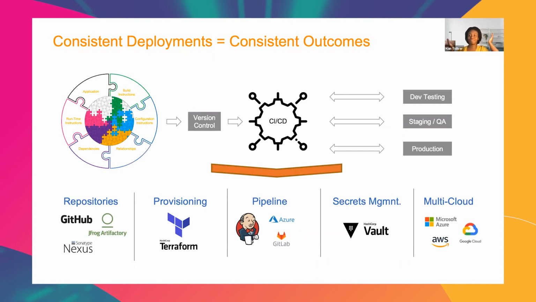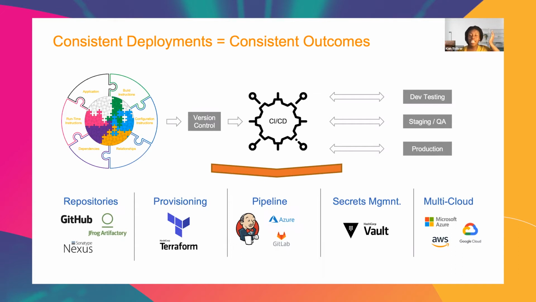So what does that look like? How do we solve the problems that we've been discussing? Well, start off by defining your application delivery requirements. You'll put that definition into a usable format, which is a coded artifact, so that we can then take that artifact in version control, where it can be consumable by your CI/CD system of choice. You can then automate your upgrades in your dev, staging, and production environments.